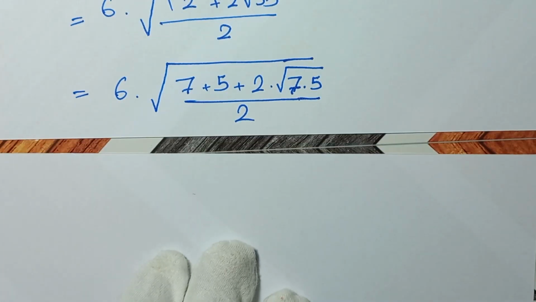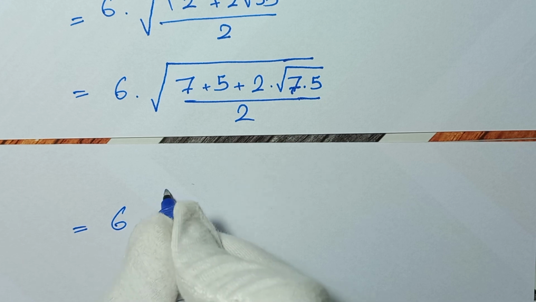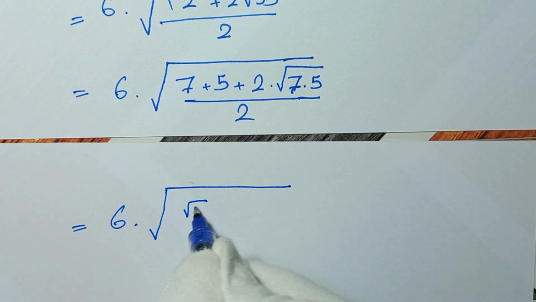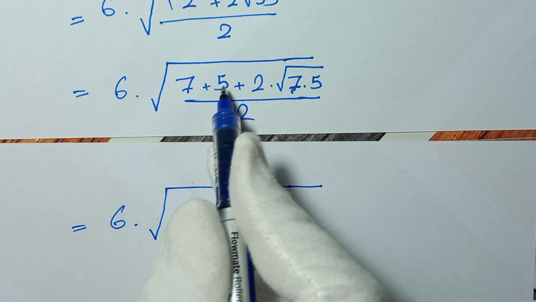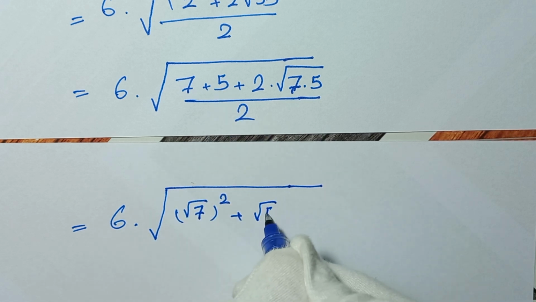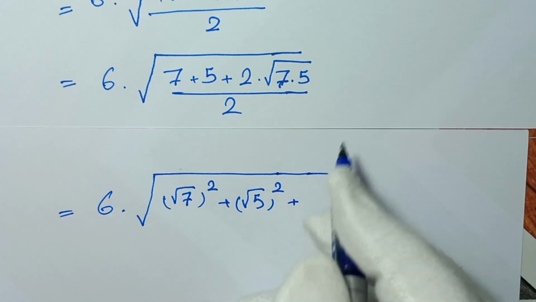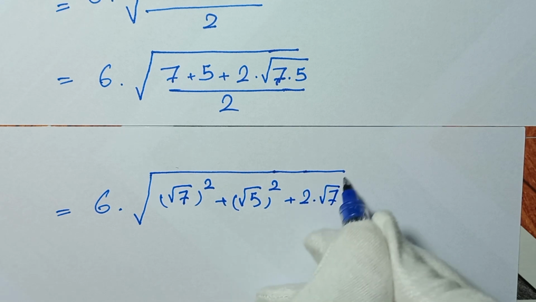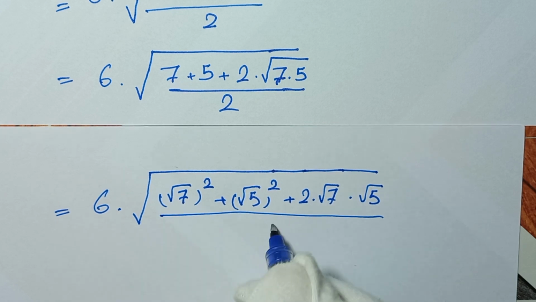In the next step it will be 6 times the square root of, and we can write 7 as the square root of 7 to the power of 2, plus 5 as the square root of 5 to the power of 2, plus 2 times the square root of 7 times the square root of 5, right? And over 2.